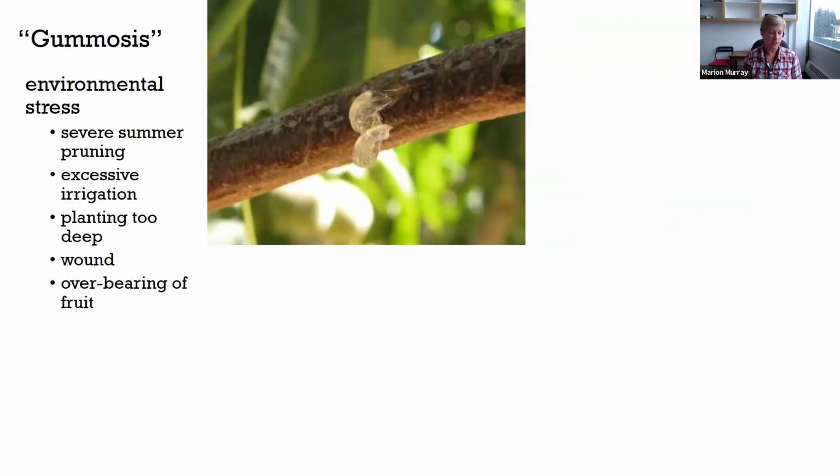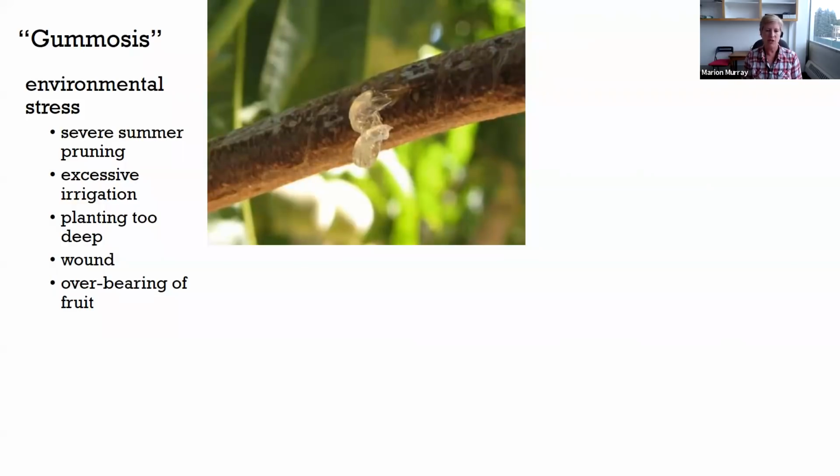So severe pruning can sometimes lead to gummosis, maybe the following year. Excessive irrigation, meaning the tree is growing quite vigorously. If it's planted too deep, so it's under some kind of stress, any little wound, or if it's a peach tree, if it's left to bear fruit very heavily. So all that can cause some type of gummosis.